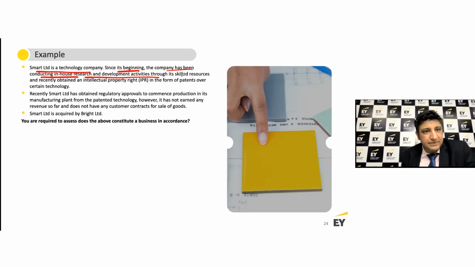Recently, Smart Limited has obtained regulatory approvals to commence production in its manufacturing plant from the patented technology. However, it has not earned any revenue so far and does not have any customer contracts either. Now, Smart Limited is acquired by Bright Limited. The question is whether this constitutes a business, right? That's what the question is.